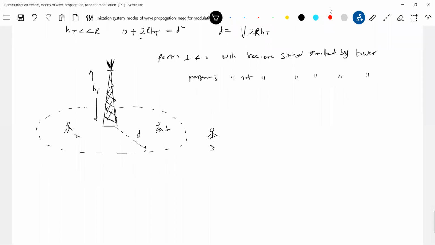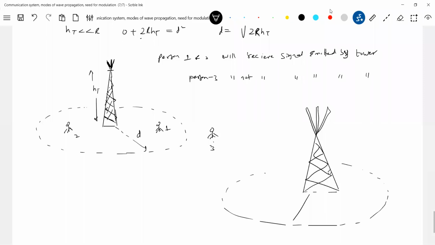Some books give questions like this, telling the height of the tower and the height of the antenna, and asking for the range.